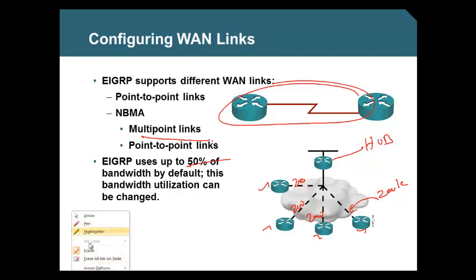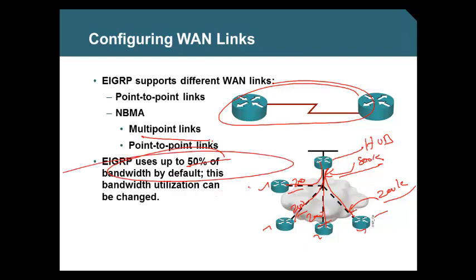So the bandwidth that you are going to tell to this port should be the sum of these bandwidths. So I have to say 800K. When I say 800K, only then with each EIGRP neighbor you can have 200K, out of which 100 will be taken for EIGRP.